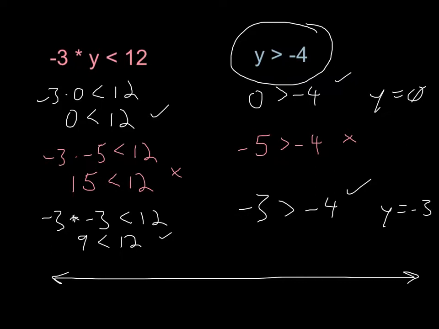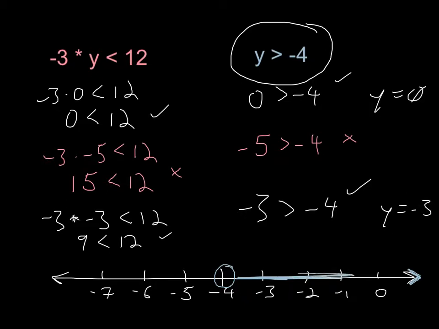We're going to put that -4 right in the middle, add a couple numbers on each side, and we see that it is greater than, so we're going to need an empty circle around it, and it goes to the right to match the arrow on the right-hand side, and we're going to fill in our line and our arrow to the right.